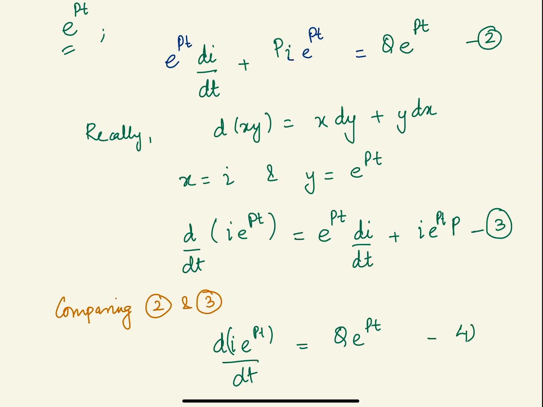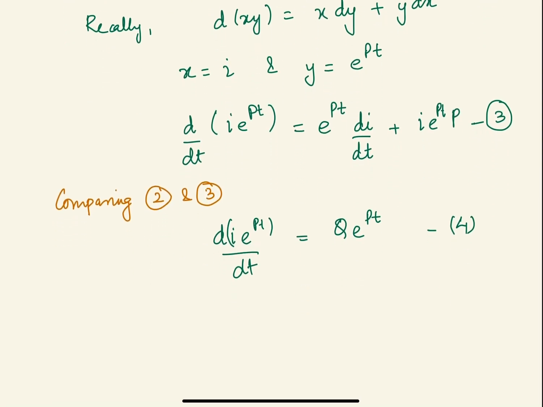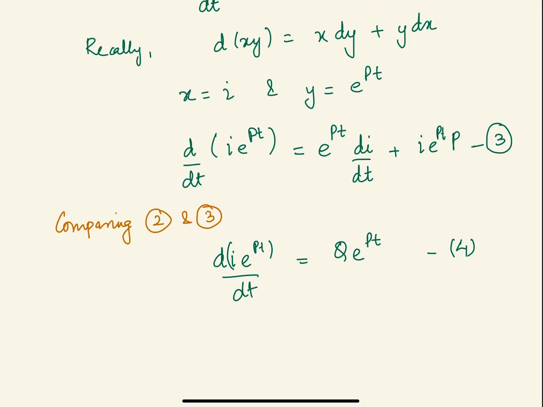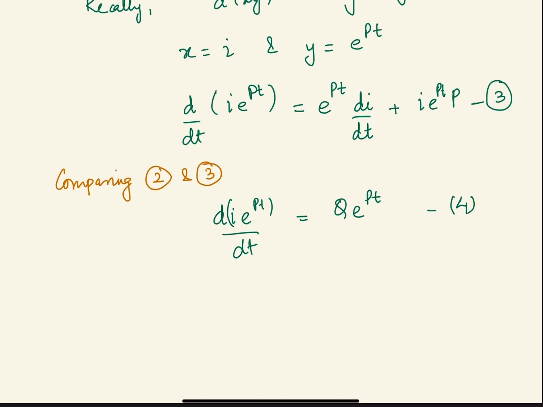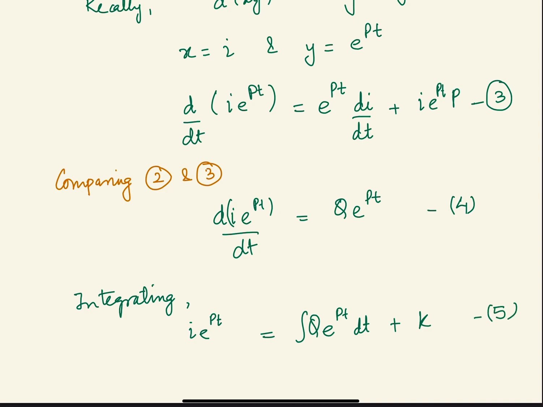Let's call this equation number 4. What will we do next? I will now integrate this, and I will get i e to the power pt is equal to the integral of q e to the power pt dt plus some constant of integration k. I'll call this equation 5.